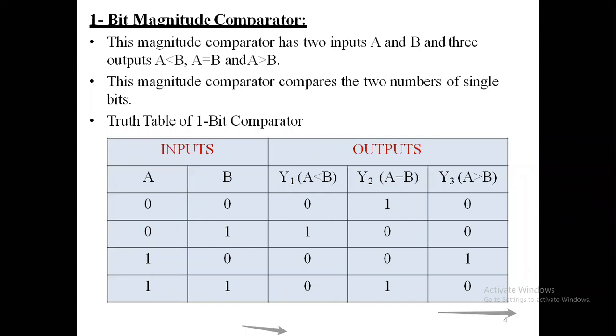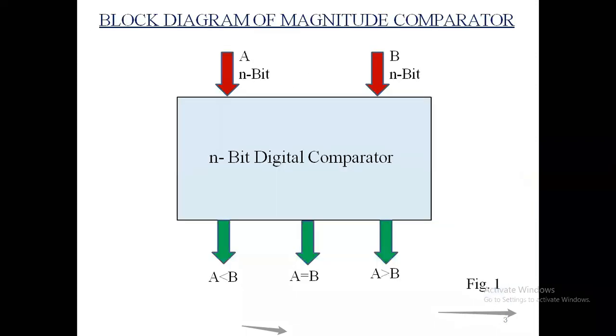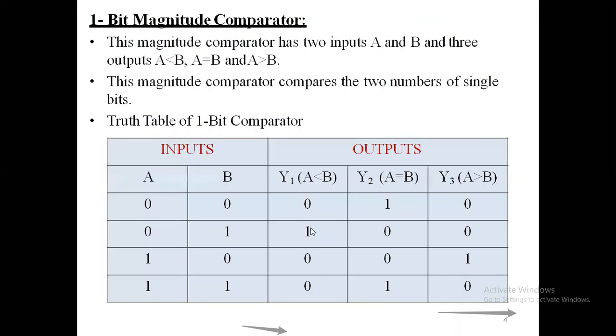We have to draw the diagram: a value is 1 bit and b value is 1 bit, and it performs as a 1 bit digital comparator. Here a is less than b, a equal to b, a is greater than b. Based on these three operations we have to draw the K maps. Look at the truth table of the 1 bit comparator, with a and b.